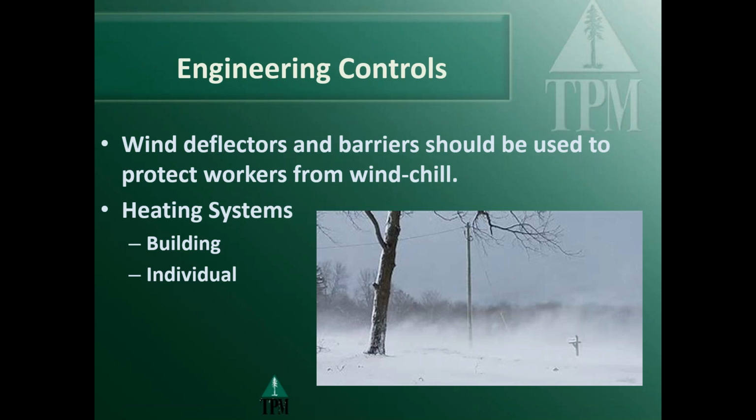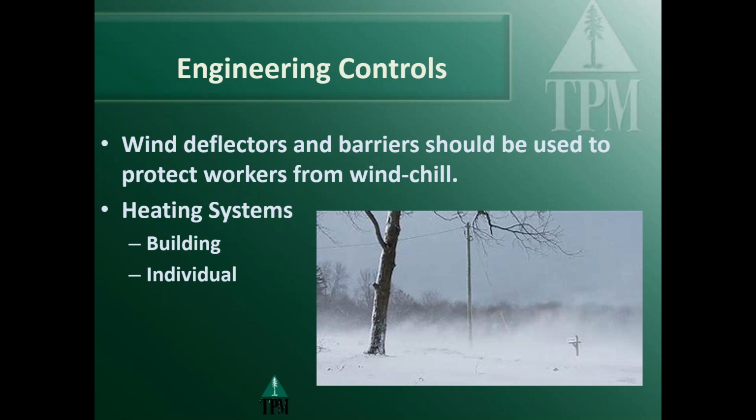And so I'm a big fan of the wind deflectors and the barriers. I have more than a couple, I guess you'd call them outdoor mills, and they know where the prevailing winds come from. So they've got things set up that will block the prevailing winds in the wintertime. But they also have portable ones that you can set up, because like with the heat, it's not just the temperature, it's also the wind speed.